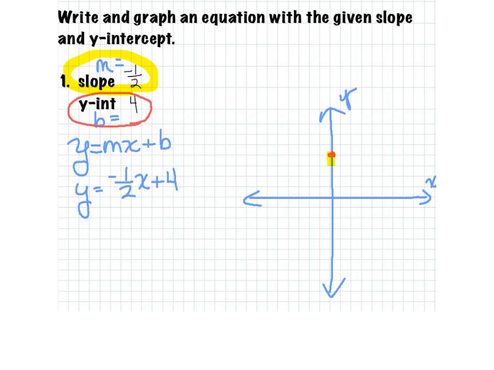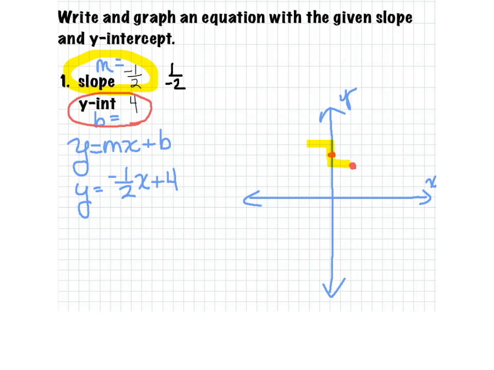So let me do that again. Down 1, to the right 2. So there we find another point on this line. And then we will always do this in the opposite way. So it's -1, 2, +1, -2. So go ahead and go back to your y-intercept, and you're going to go up 1 and to the left 2 and graph your third point.